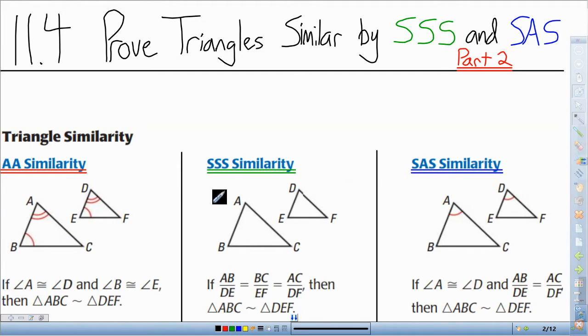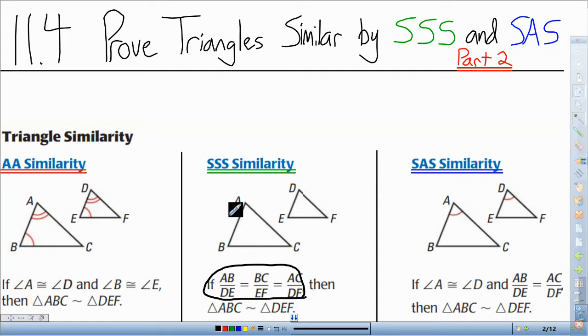The new one, I'm going to start with this one, side-side-side similarity. Here's the thing. This is a little different from when we did side-side-side congruency. To use side-side-side similarity, we have to check to see if the ratios of the corresponding sides are equal. We've done this in the past, but that's all we need to check.